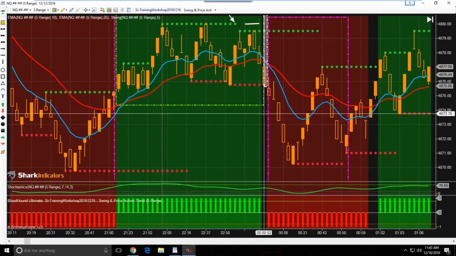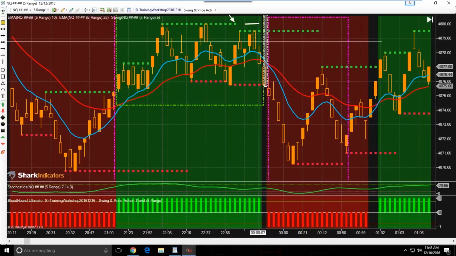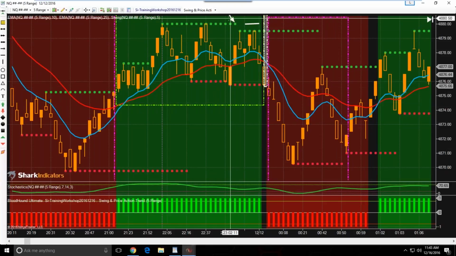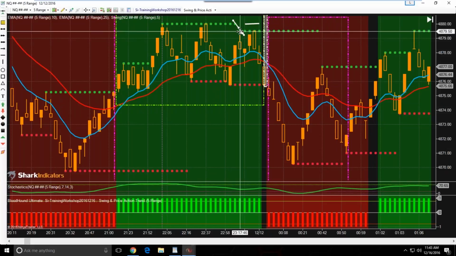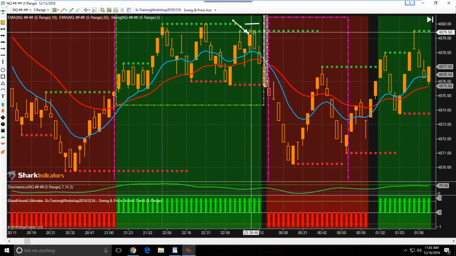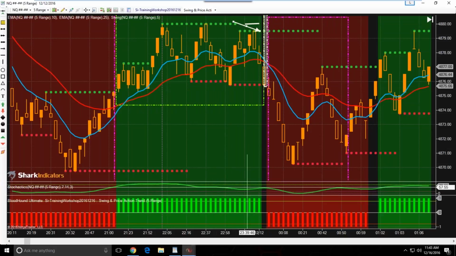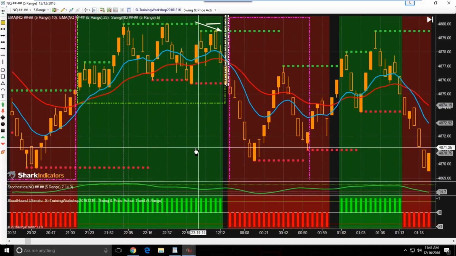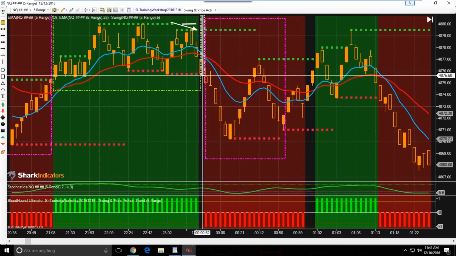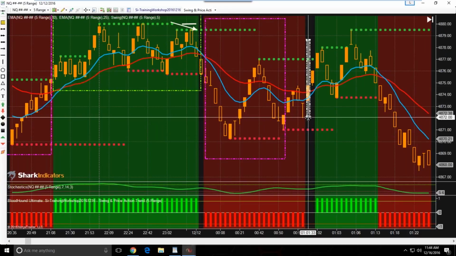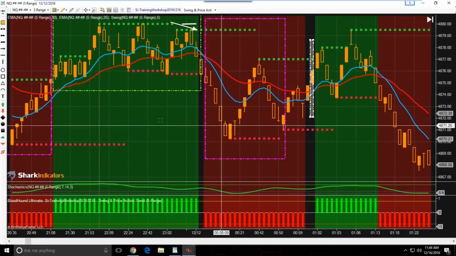Yes, but we got at least one bar of consolidation as the swing indicator stepped down there. All right, and let's see. Yep, same here. So we got a couple of bars of consolidation after.